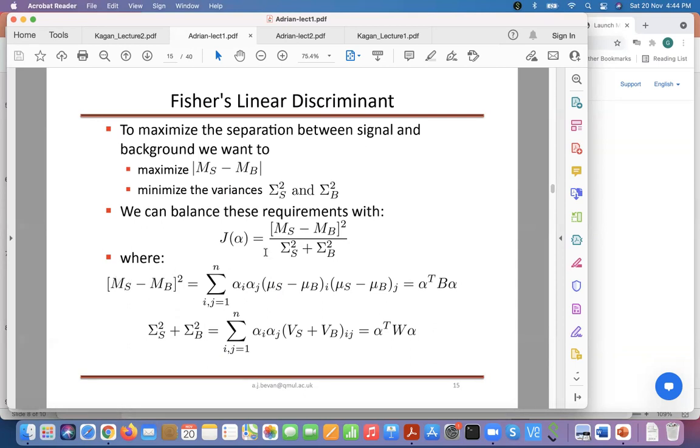This J alpha is what we want to optimize on. We want to maximize this. Now, effectively, there are two things. One is that you want the effective mean between the final Fisher output distributions to be as large as possible.